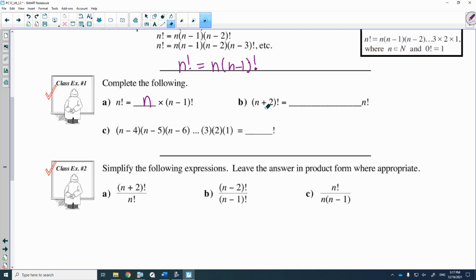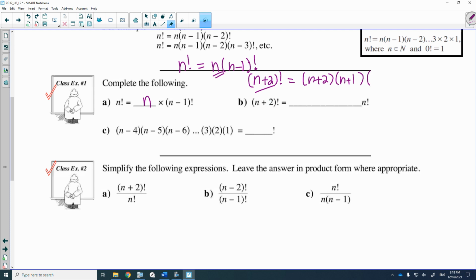N plus 2. So again, if you're just given n plus 2 factorial, and you're told to unzip that, you start with n, which in this case is n plus 2, and then each one is going to be one number less. So n plus 2 minus 1 would be n plus 1.